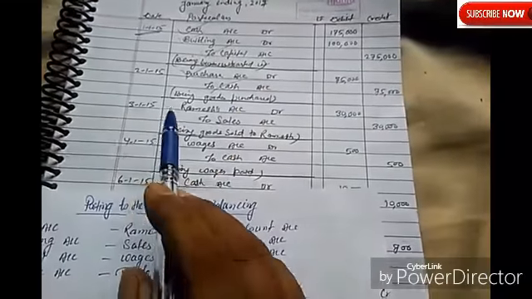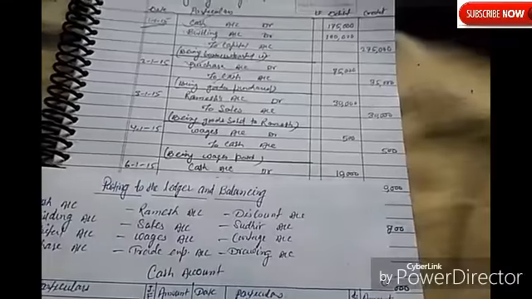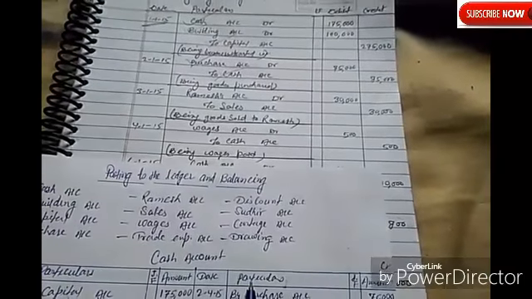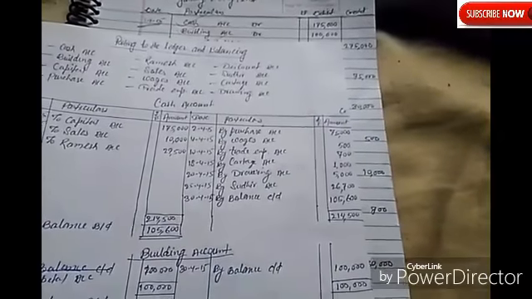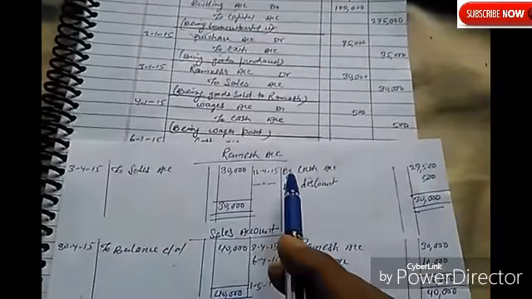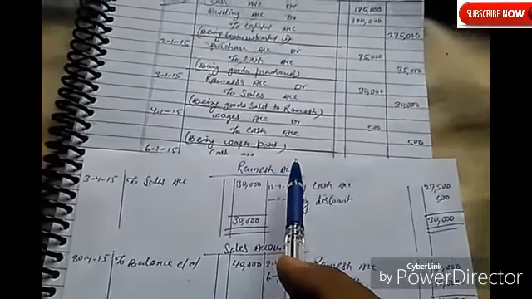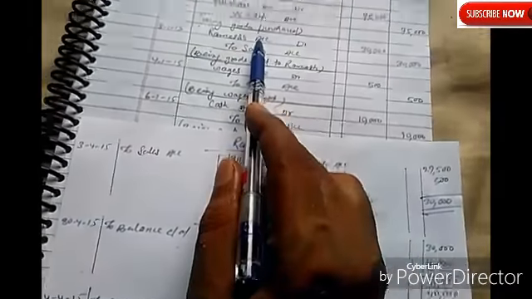Now see on 3rd, Ramesh account debit 30,000 to sales account. Prepare one more ledger for Ramesh and also for the sales account. Now see this side, Ramesh account. Ramesh is a debit side.